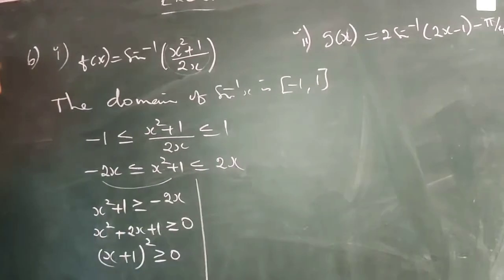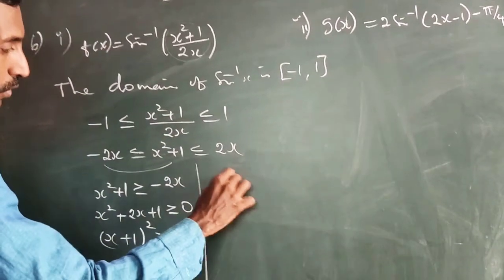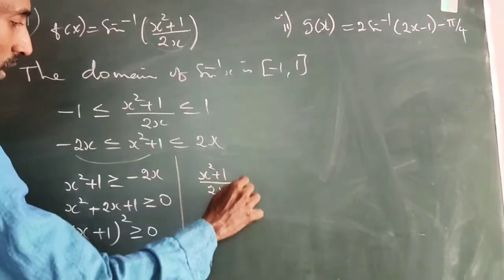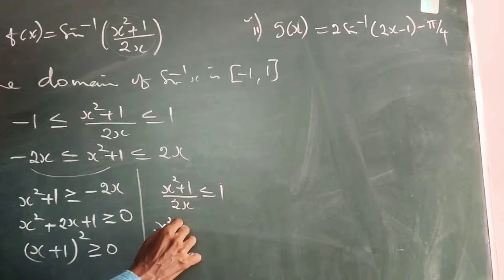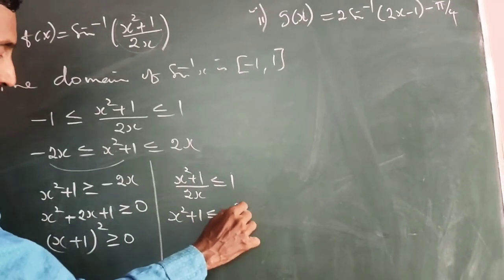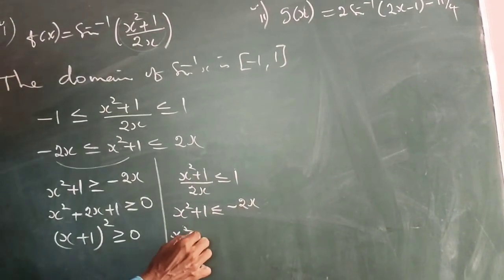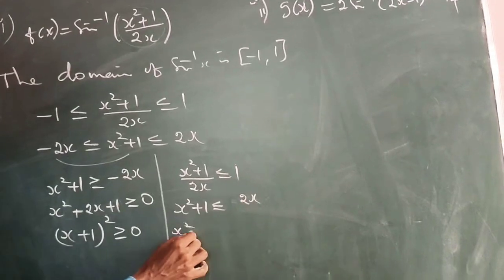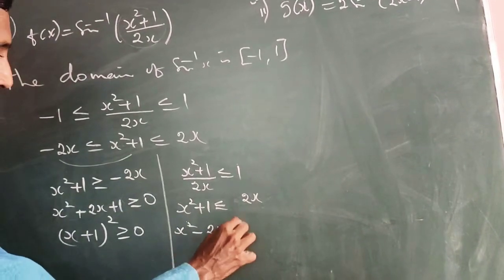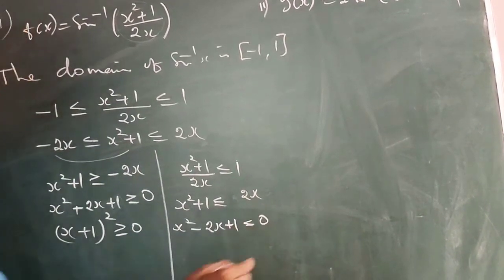Similarly, consider the second one, (x square plus 1) by 2x less than or equal to 1, so x square plus 1 less than or equal to 2x. So x square minus 2x plus 1 less than or equal to 0.